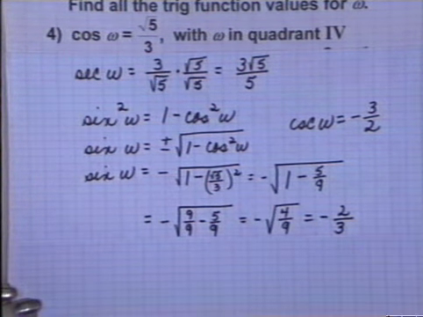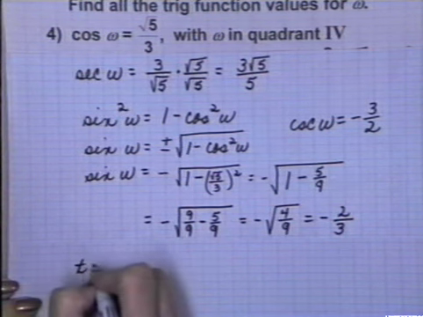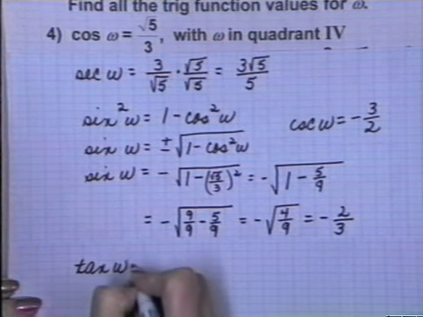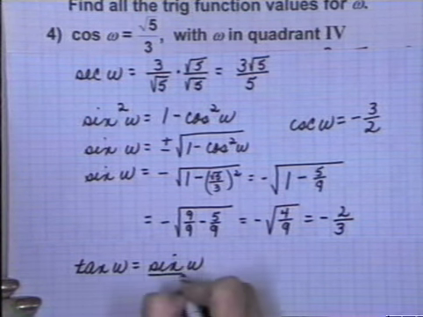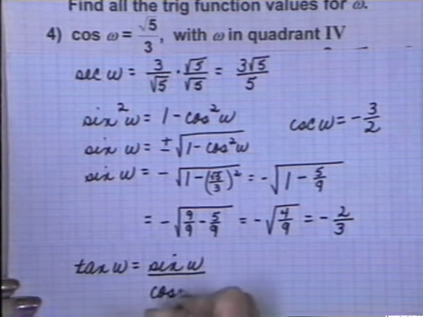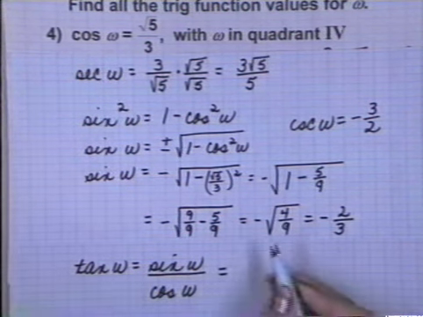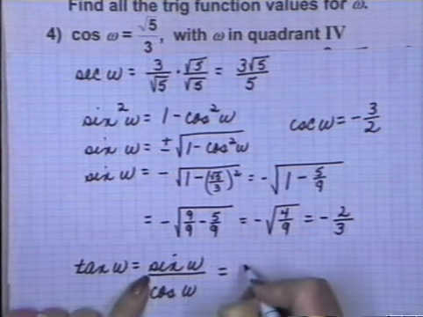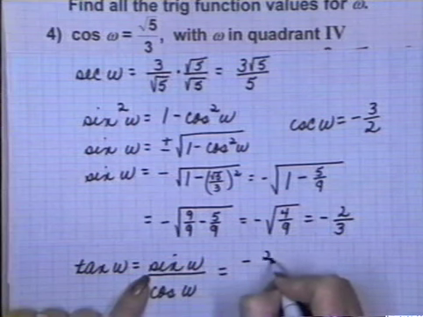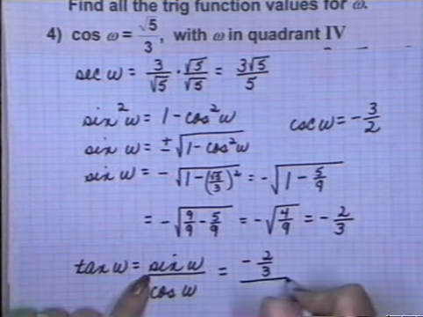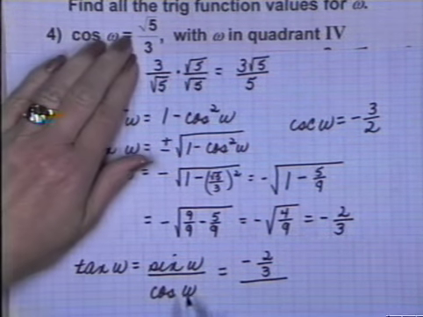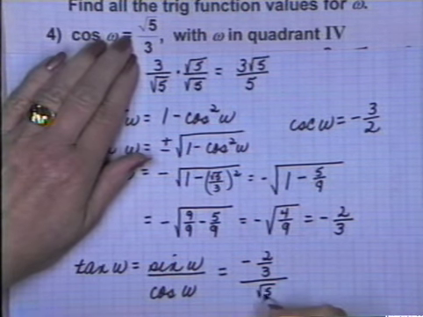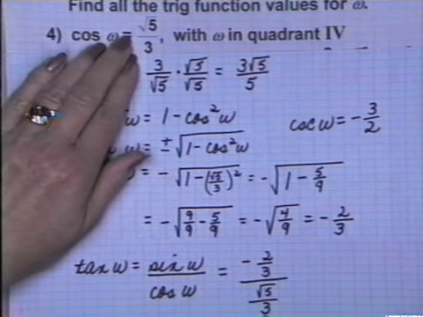I know the tangent of omega equals the sine of omega divided by the cosine of omega. I know the sine of omega is negative 2/3. I'll divide that by the cosine of omega, which is square root of 5 over 3.